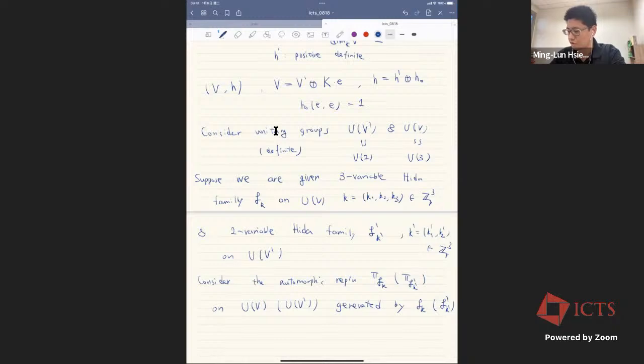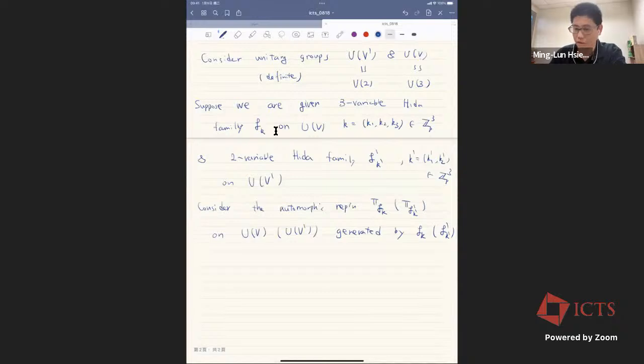You can view it as a collection of automorphic representations on unitary groups parameterized by three-tuples or two-tuples in Z_p.